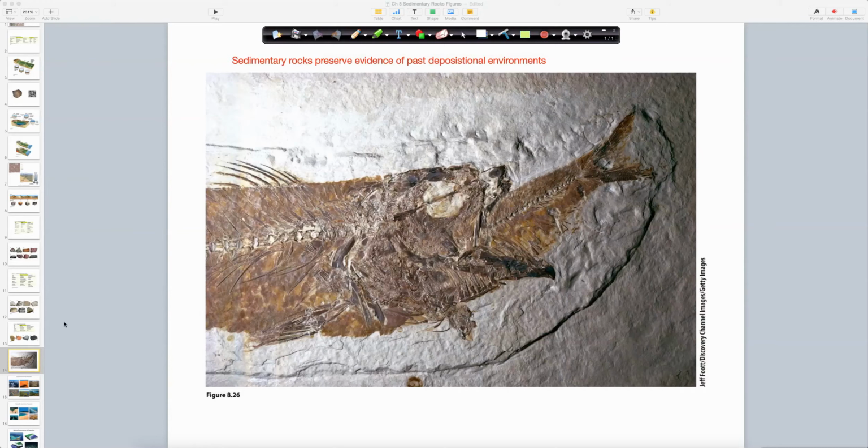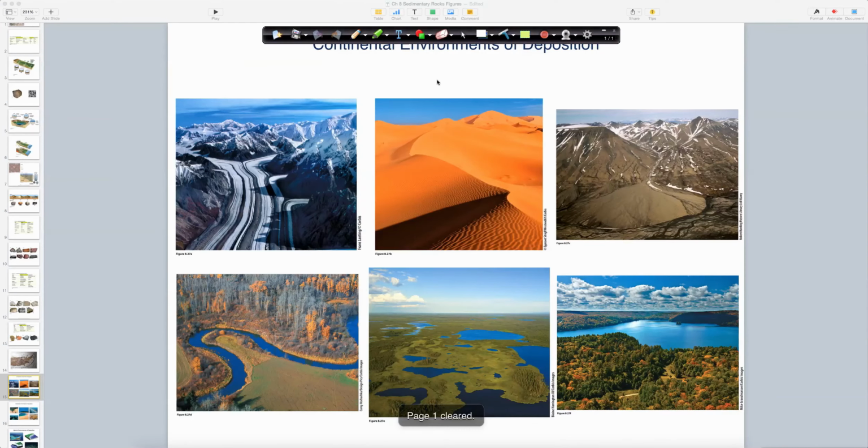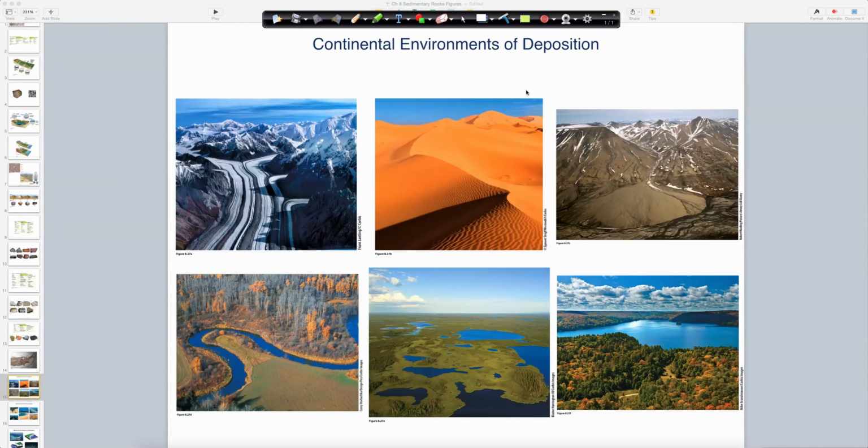So because we get fossils and other indications, which I'm going to talk about sedimentary structures in a little bit, but in this section I'm going to talk about the different depositional environments that can be found. Okay, so here are continental environments of deposition.